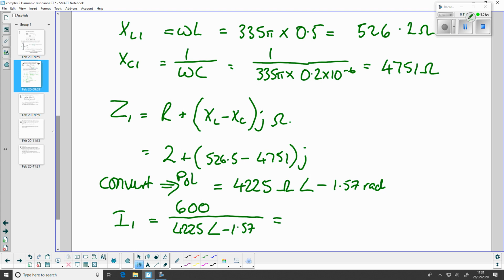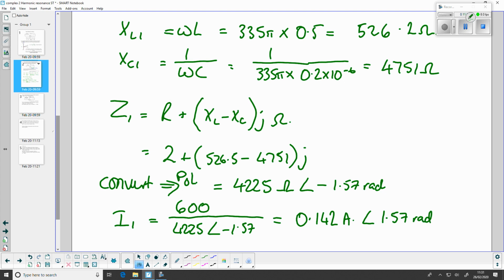The answer to that is 0.142 amps, angle 1.57. You know how we do that?